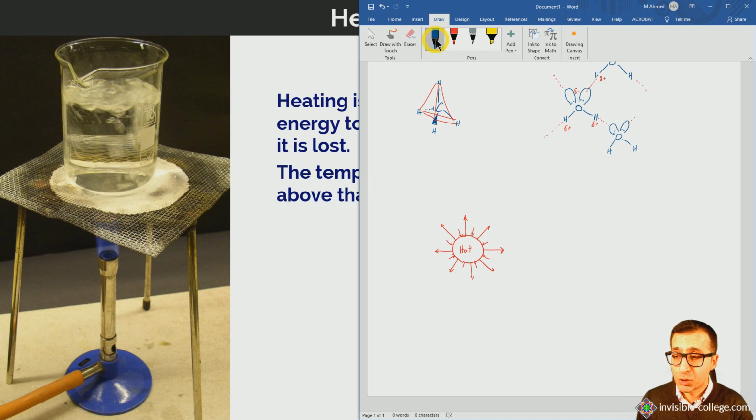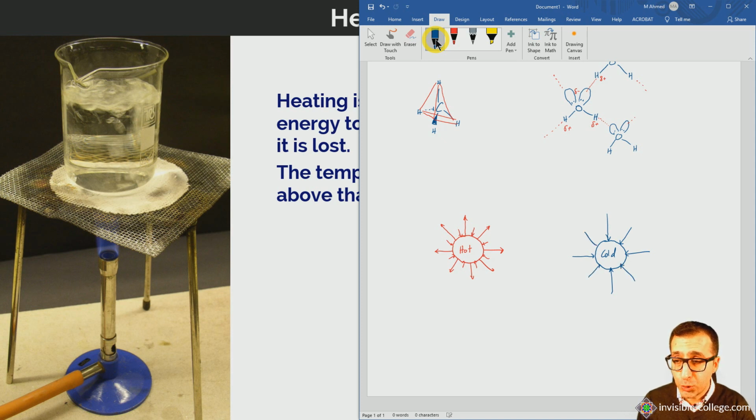Now if we compare this to a cold object, an object which is at a lower temperature than its surroundings, then the net movement of heat is into the object from its surroundings. But that doesn't mean that that's the only direction that the heat moves in.